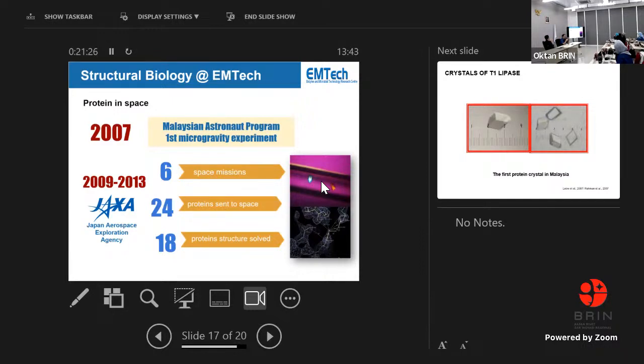He brought along many other missions: seed to space, worm to space, food to space, including protein to space. That was one of the key highlights in terms of structural biology projects, not just for the institute but also for the country in general. Then in subsequent years, the Japanese team approached us, and there were more and more missions.